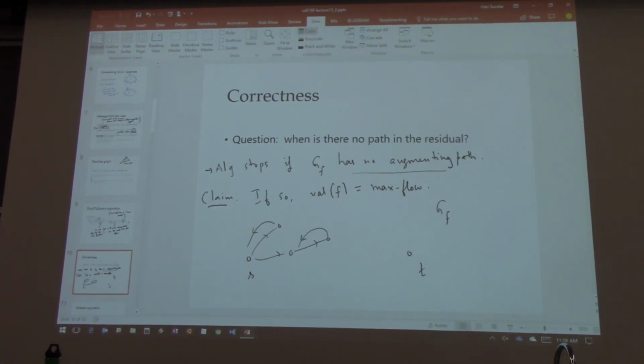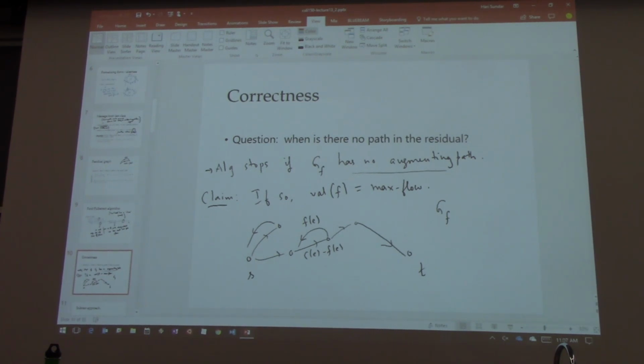Capacities are C of E minus F of E, and back edges have F of E. So what does it mean to say there's no path from S to T where every edge has capacity greater than 0?